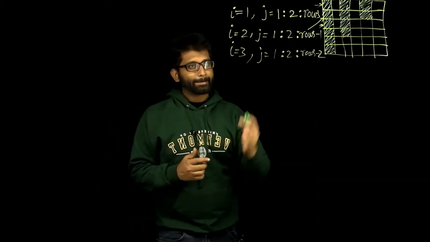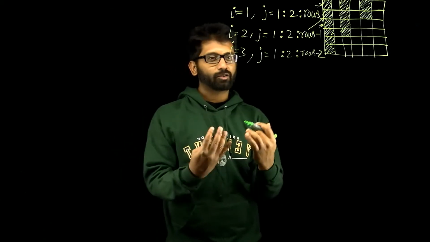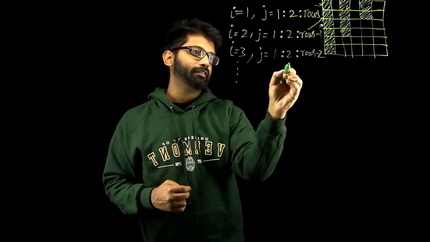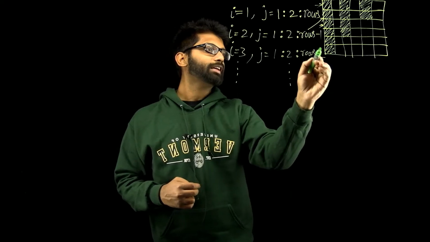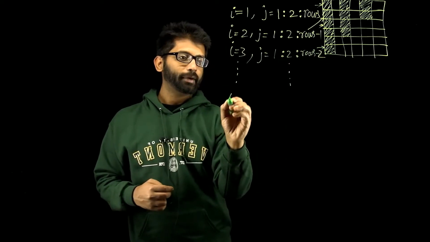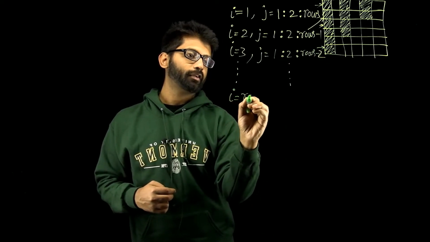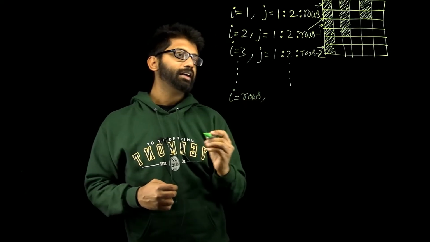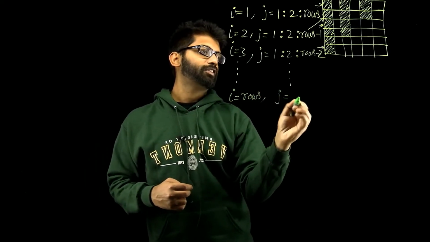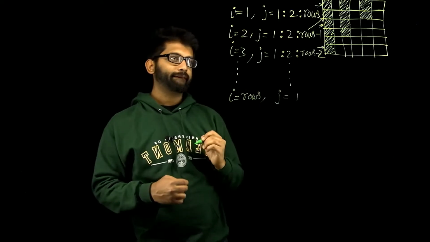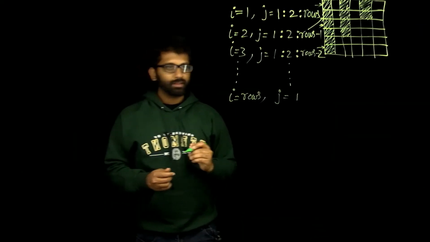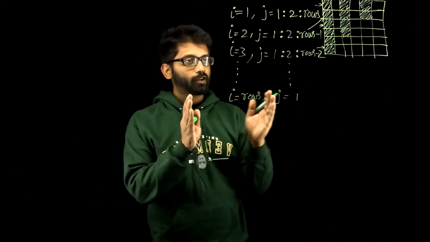Now the solution is starting to take shape. Let's go even further. Once I hit the last row, my i is equal to the number of rows that I have here, and my j just became 1. We are almost there. We almost solved this problem.